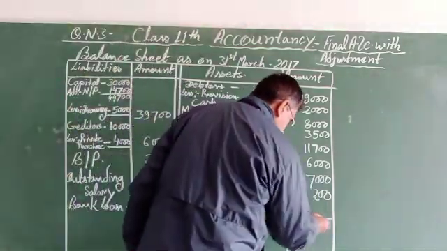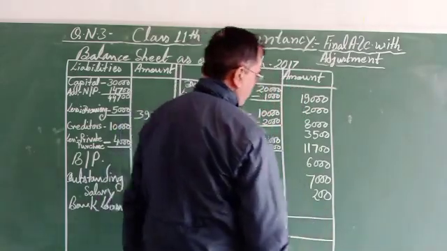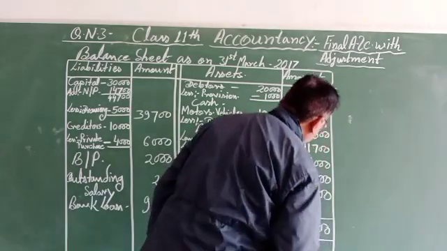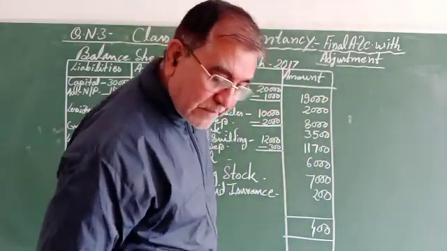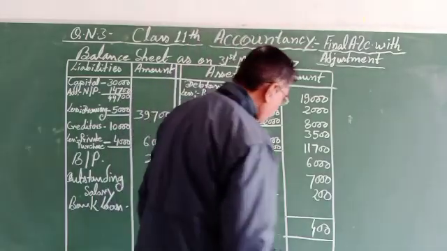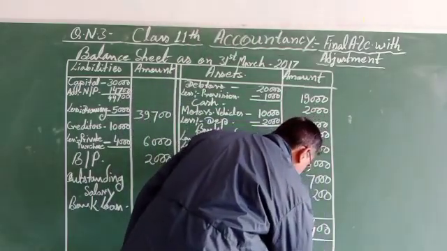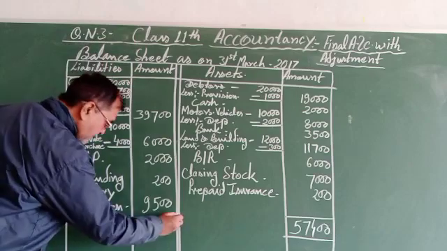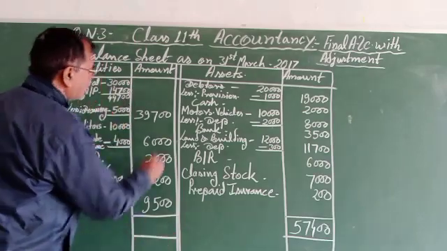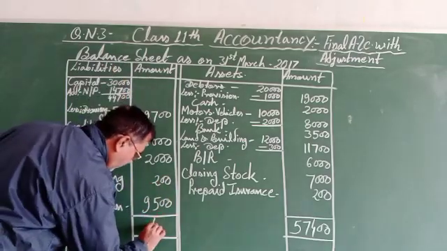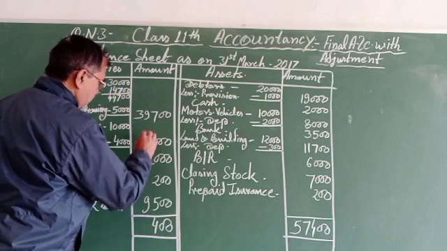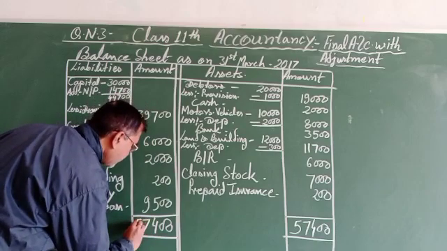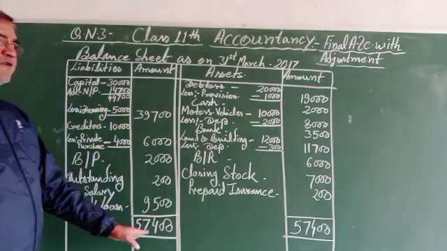Now the total of this one, that will be the total. 57,400 is the total of the assets column, and the total of the liabilities column we can see is also 57,400.